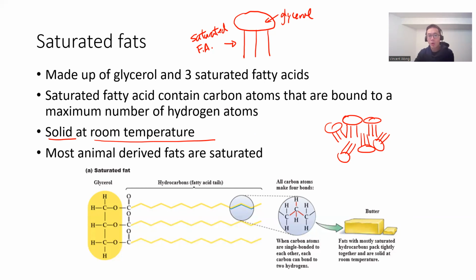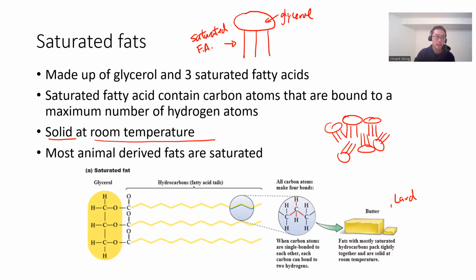Most animal-derived fats are going to be saturated. So butter, lard, bacon grease, all these things are saturated fats. The problem with saturated fats is that they clump together easily, and so they might clump together in your arteries, and that could cause health problems, right?